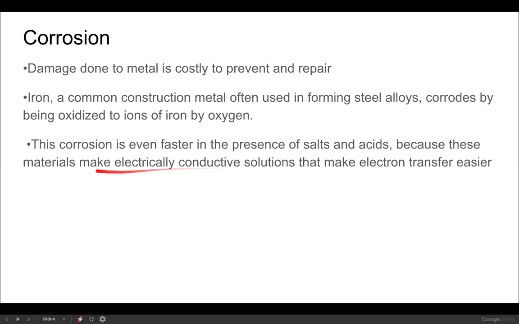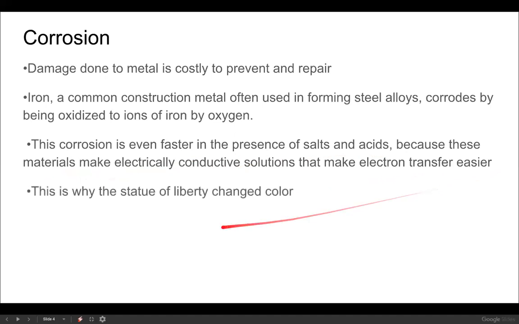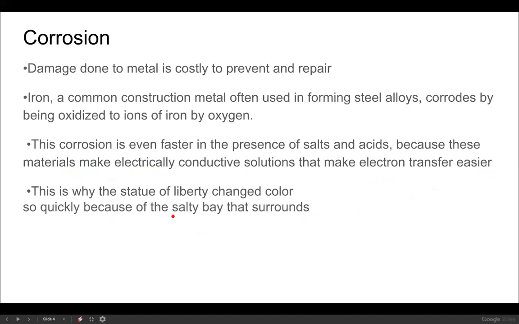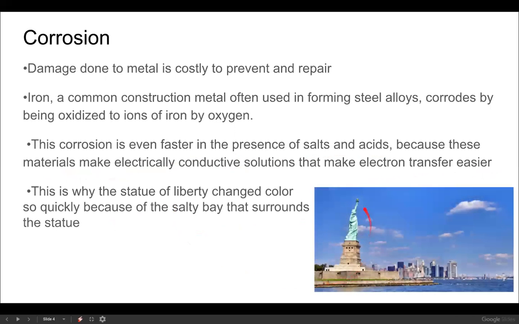And that's because these materials make electrically conductive solutions that make electron transfer easier. This is why the Statue of Liberty changed color. It happened so quickly because of the salty bay that surrounds the statue. And the Statue of Liberty wasn't originally this green corrosive color.